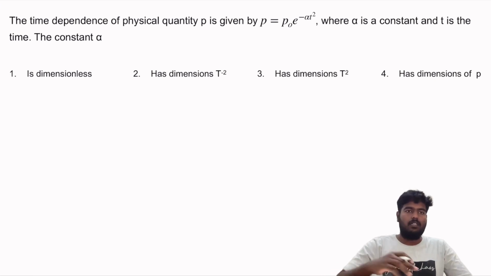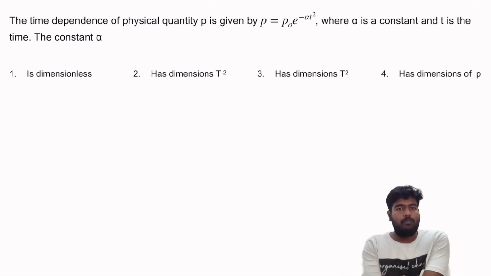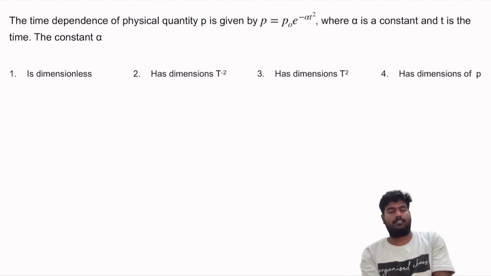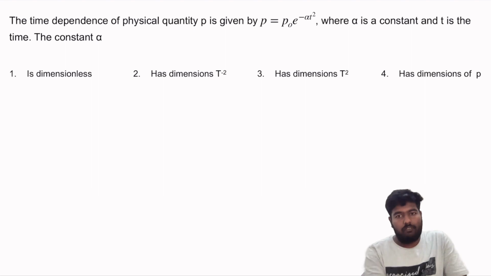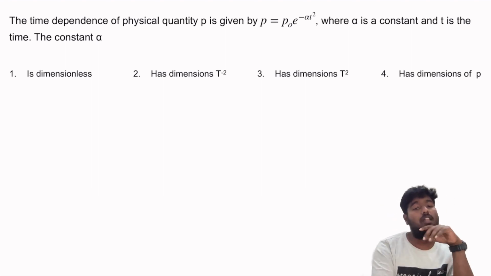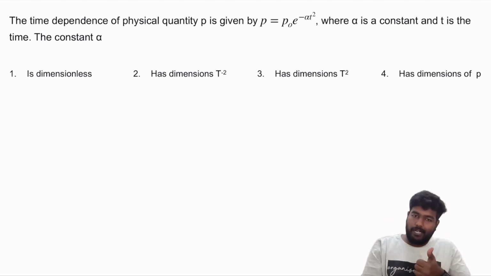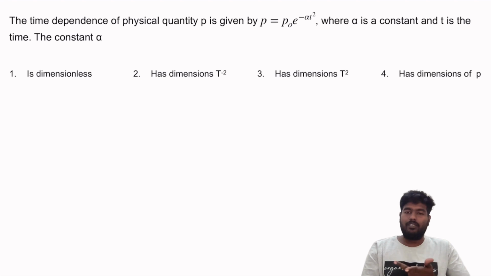Next question. The time dependence of physical quantity P is given by P equal to P naught e power minus alpha T square, where alpha is a constant and T is time. For the constant alpha, here you have to use that trigonometric functions, exponential functions, logarithmic functions do not have dimension.